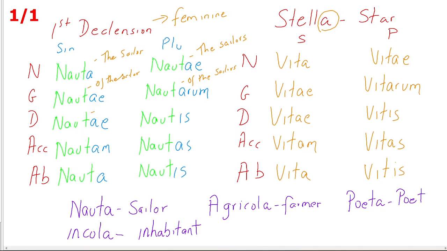Then dative would be to or for the sailor, to or for the sailors in the plural. So accusative, since it is the direct object, a sailor, here would be just sailors.